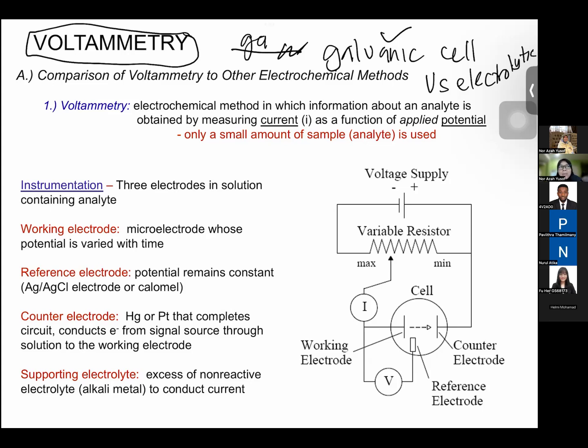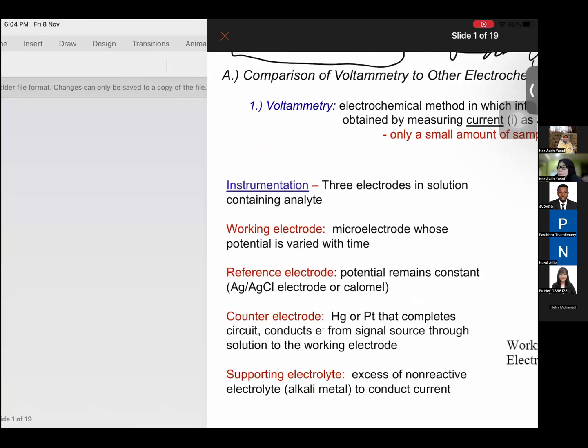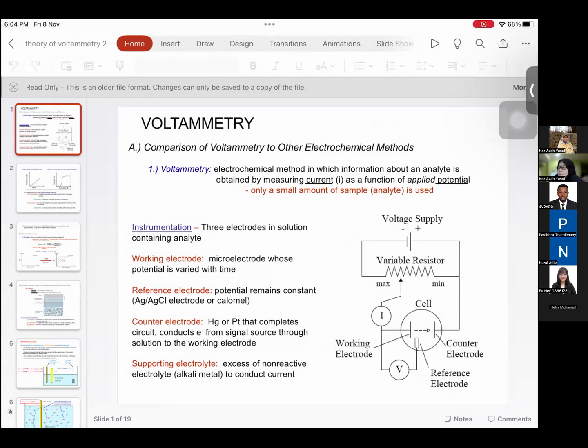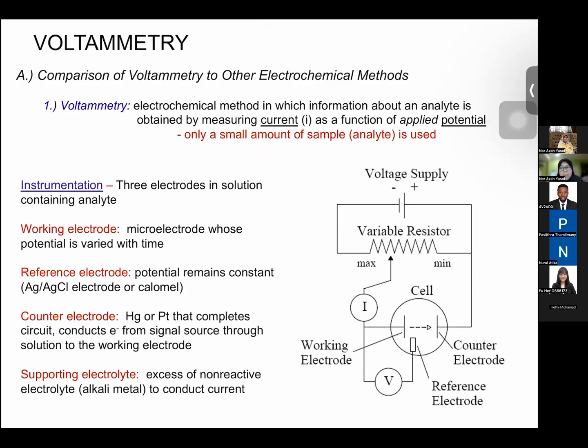So by now, I hope that you have done your homework and know what potential is. I'm not going to focus on the galvanic cell. What I'm going to focus on is voltammetry.